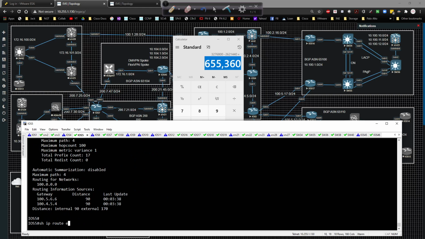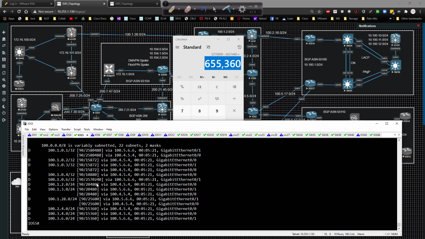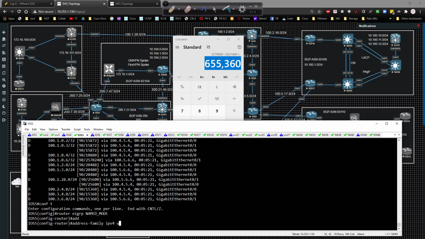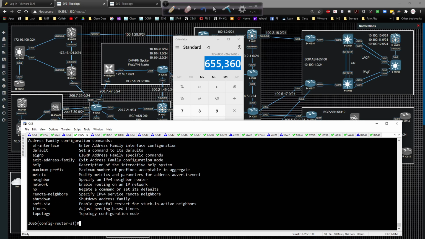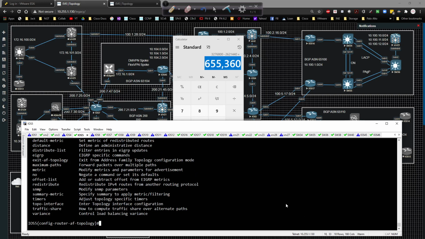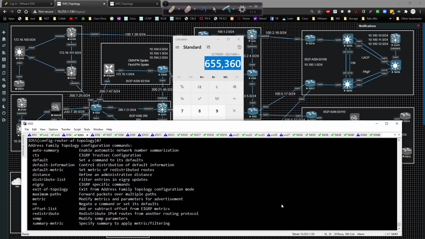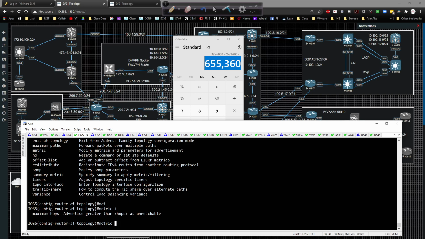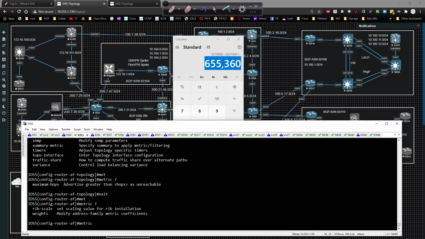If you want to make this number lower, I believe you're going to have a higher output. So with show IP route EIGRP, we can see that we're looking at 257, for example. If we were to go to router EIGRP named mode, then address family IPv4 autonomous system 100, and then topology base, it's underneath metric here, and then rib scale.